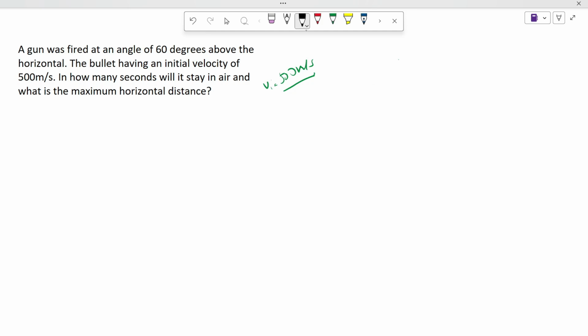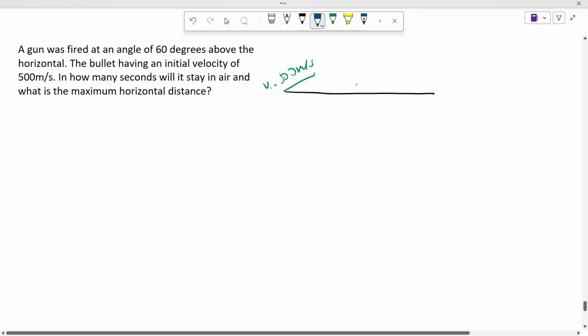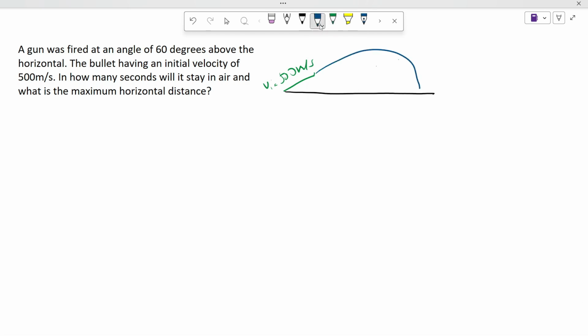In how many seconds will it stay in the air, and what is the maximum horizontal distance, guys? Gets? So ito yun, guys, drawing lang natin with the angle of 60 degrees. The question is, how many seconds will it stay in the air? And what is the maximum horizontal distance, guys?